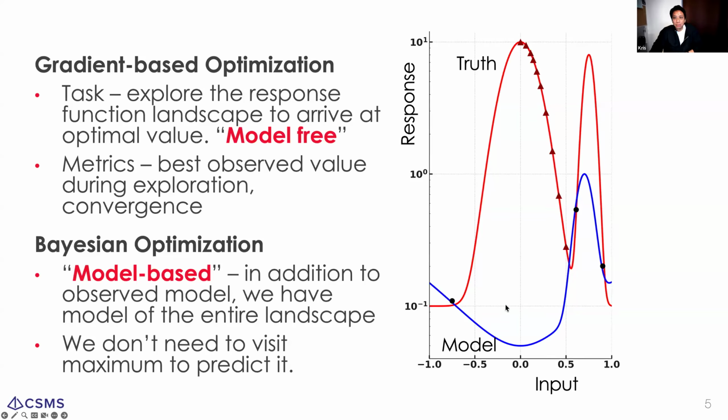For example, we have 3 data points here, 1, 2, 3, the black. We fit a model, and the maximum value predicted by the model is right here, which is actually pretty decent with respect to the truth. But this input was never visited in our 3 data points that we based this model off of. So we don't need to visit a maximum response in order to predict that the response is maximum there. Okay?